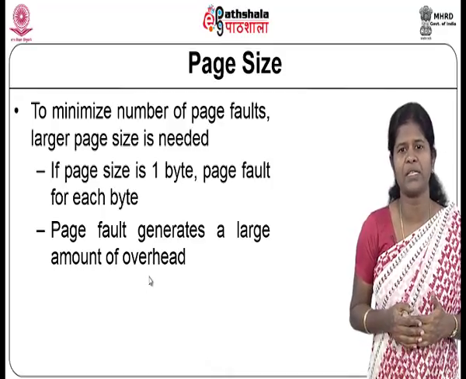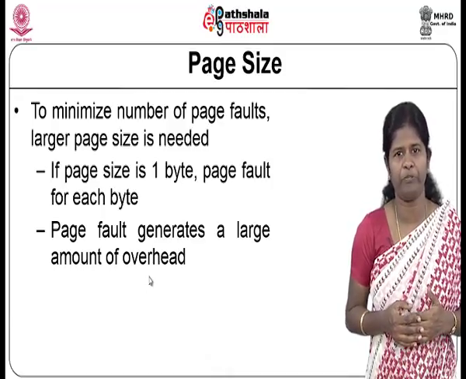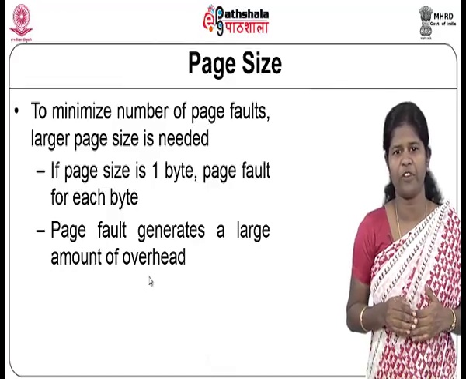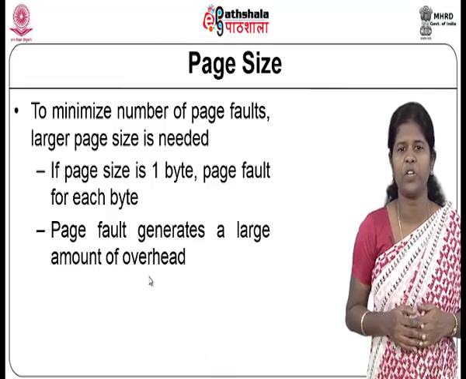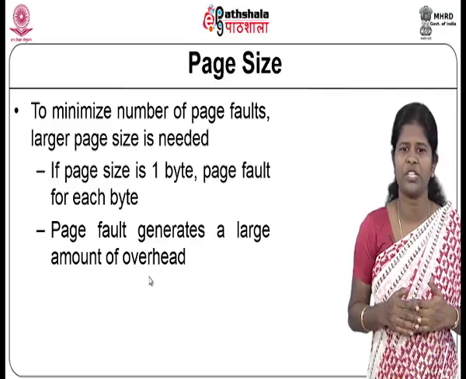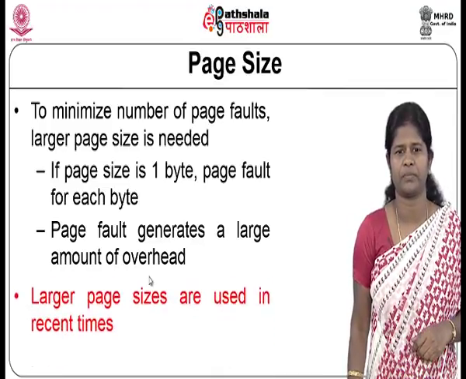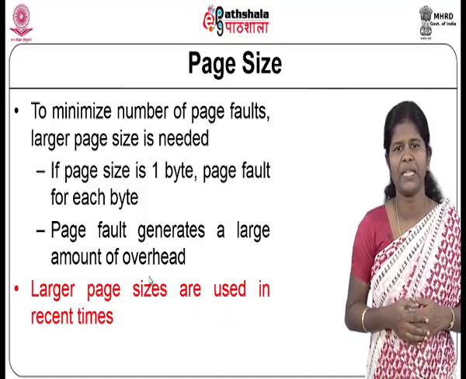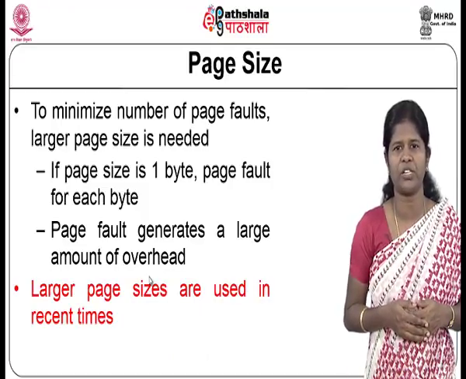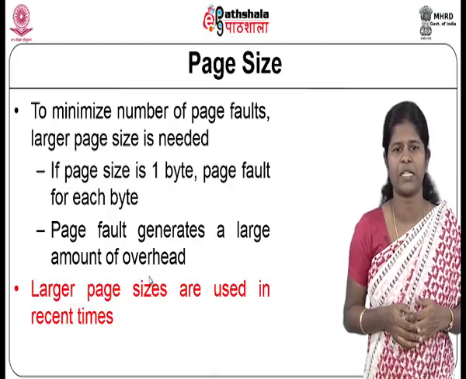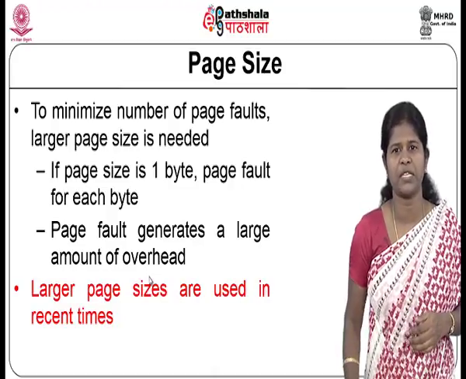So, to minimize the number of page faults, it is better to have a larger page size. And as we all know, a page fault generates a large amount of overhead. But we see that in recent architectures and in recent operating systems, larger page sizes are being used.